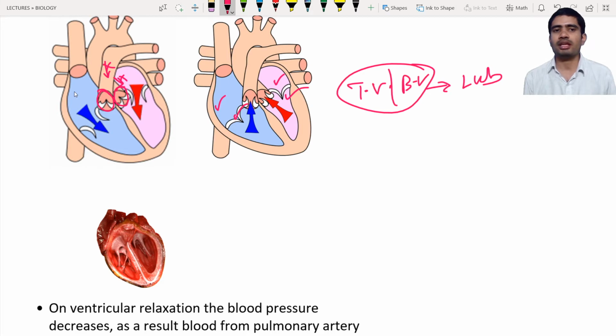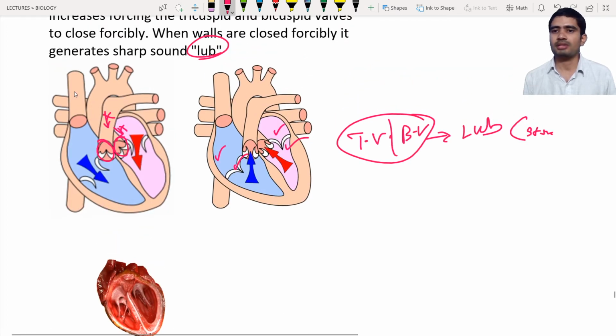As a result, when these valves, the pulmonary valve and aortic valve, close, again there is generation of a sound known as the dub sound. Remember, the lub sound is strong, and the dub sound is dull.